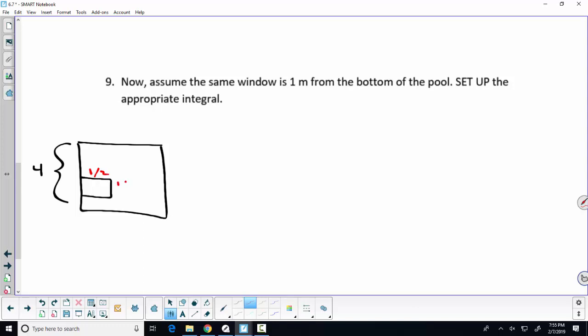Length 1/2, height 1/2. Cross section and cross sectional width are still the same, but this time the y values range from here to here. The y's are starting at 1 and going up another 1/2.